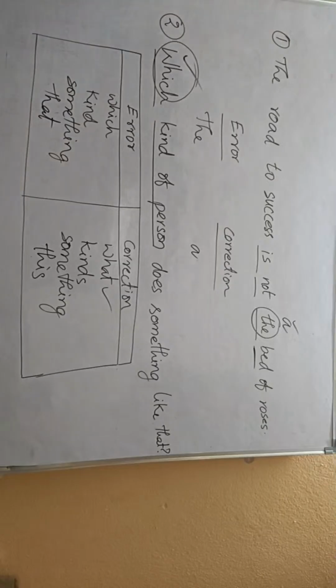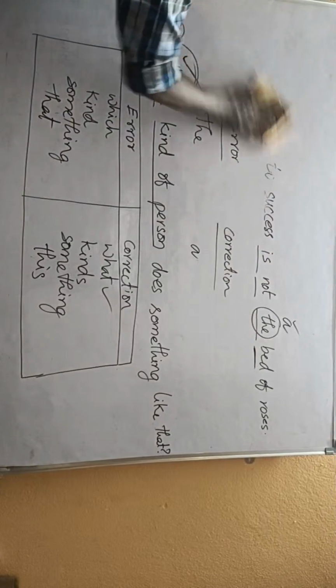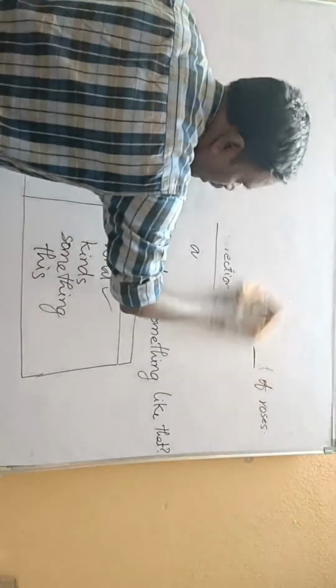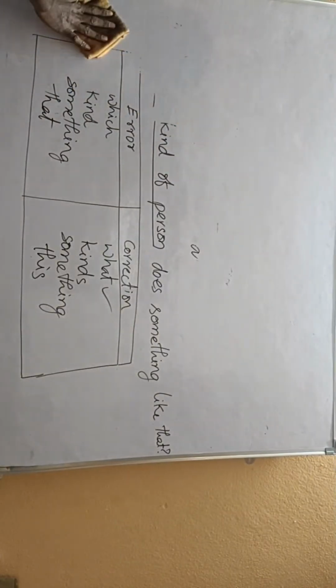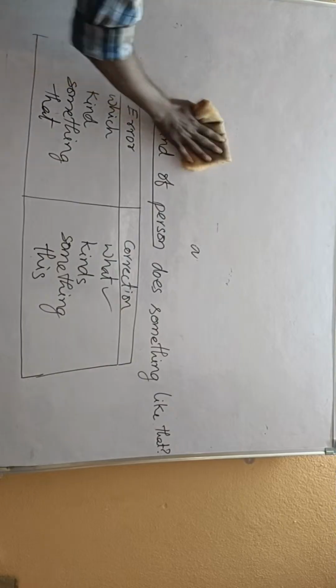Next, third one. How many do you see? How many? 6. Only 6.